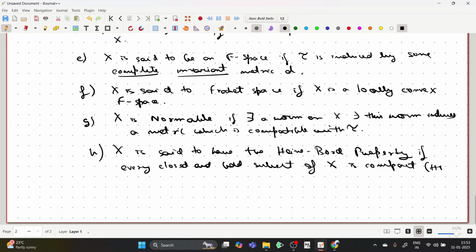Now I guess you already know what the Heine-Borel property is. It's a very elementary property which we use in real analysis as well as in metric spaces, so I'm not explaining that anymore. These are the definitions which we will be eventually exploring in lectures coming up.